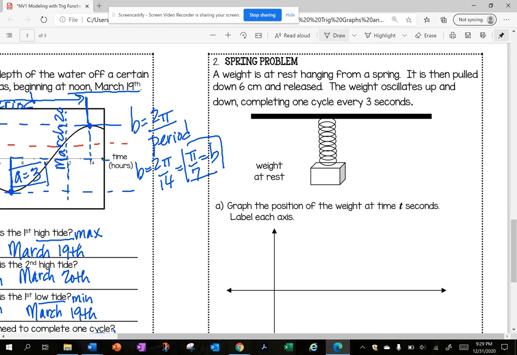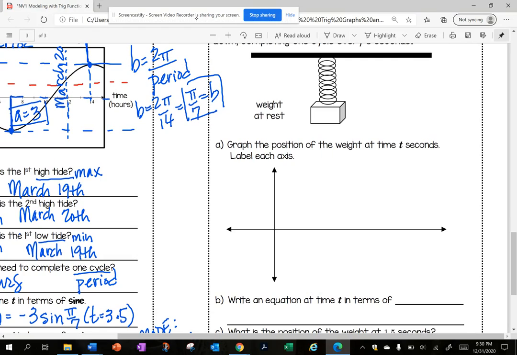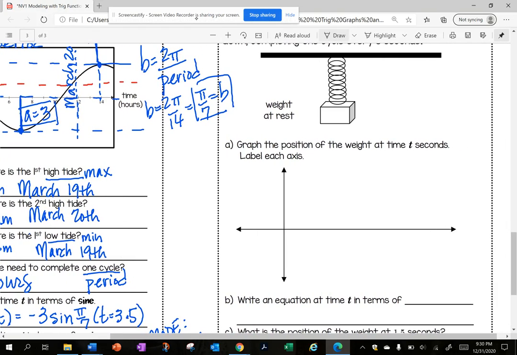So I'm visualizing what this looks like. This is the weight sitting here. It says it's pulled down, so I want to know, am I starting at a maximum, the wave axis, or a minimum? We're sketching in here.